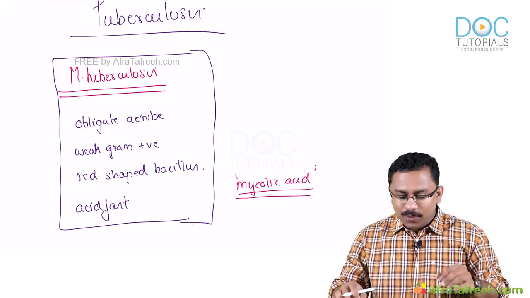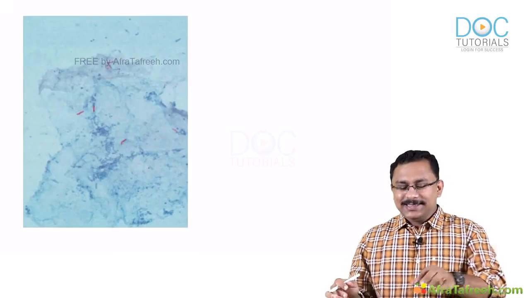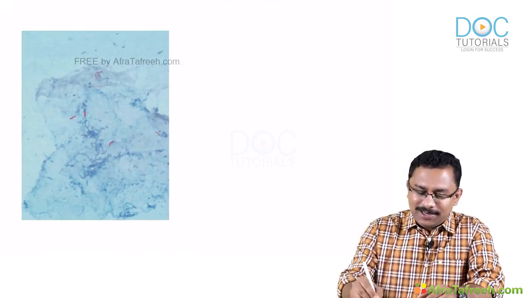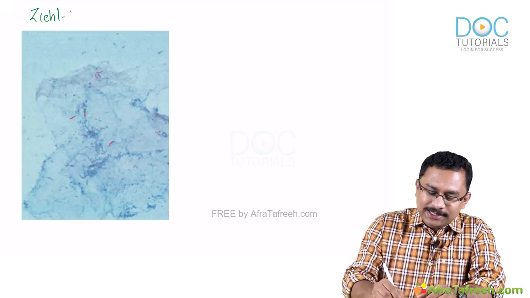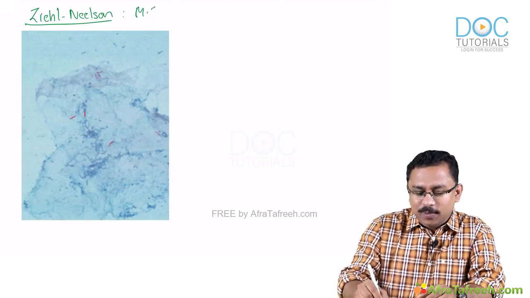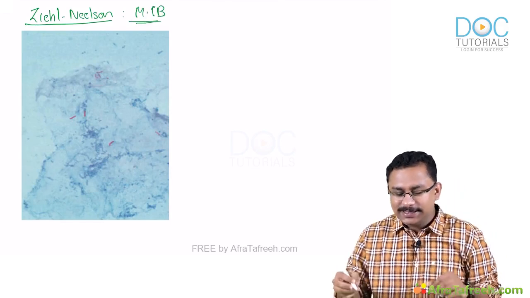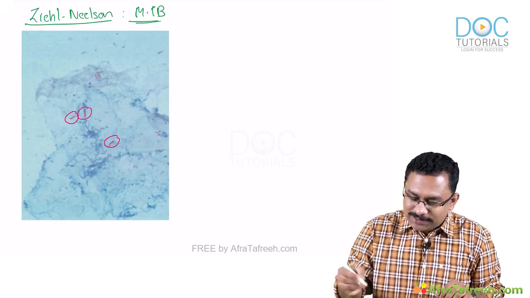So let's meet our villain here. This is nothing but a Ziehl-Neelsen staining of Mycobacterium tuberculosis, which is acid fast, and you are able to appreciate these rod-shaped structures throughout.